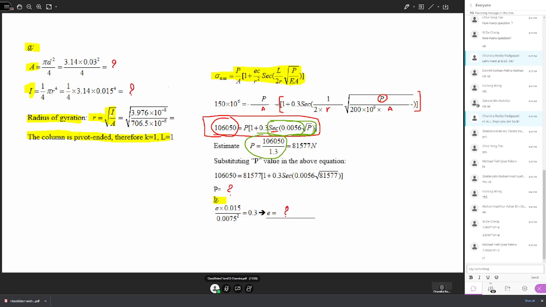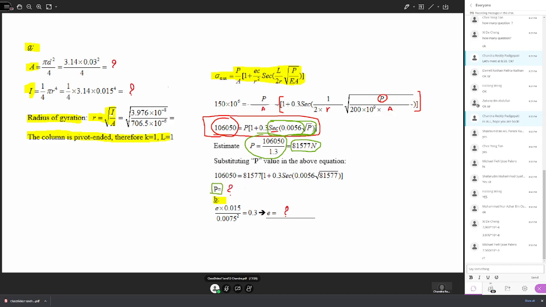So you can start estimating this expression with a P-value of so much, calculate the entire thing, and check whether you are getting very close to 106050 or not. If not, modify this value, recalculate and compare again. After 2-3 iterations, you can fix one value as the answer for the load P. Guys, is that clear?